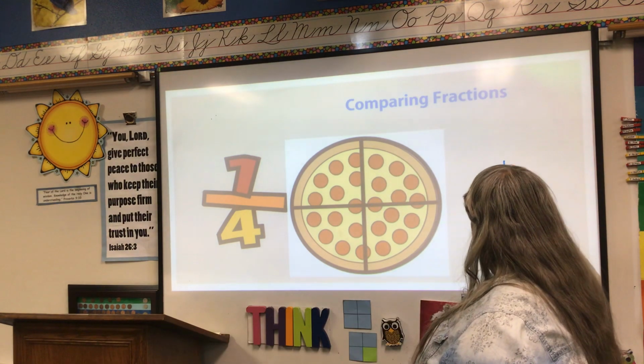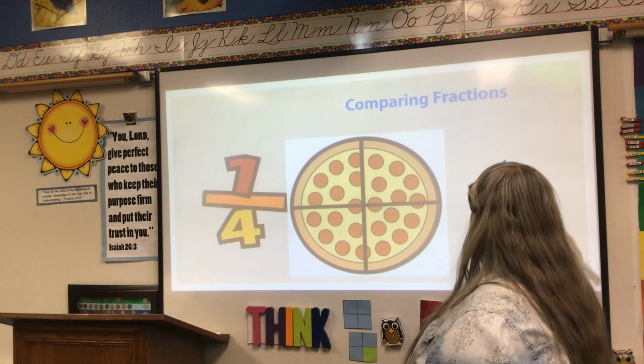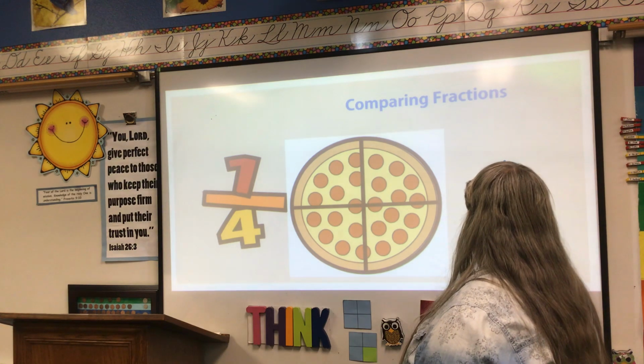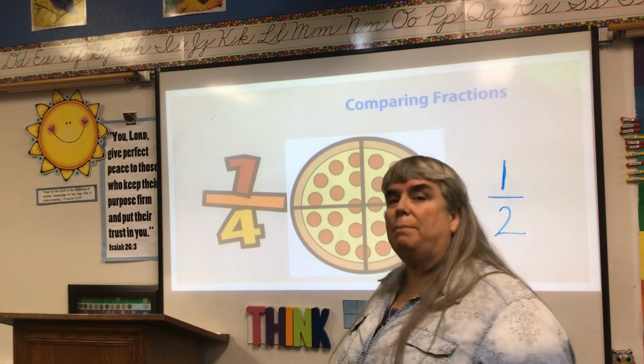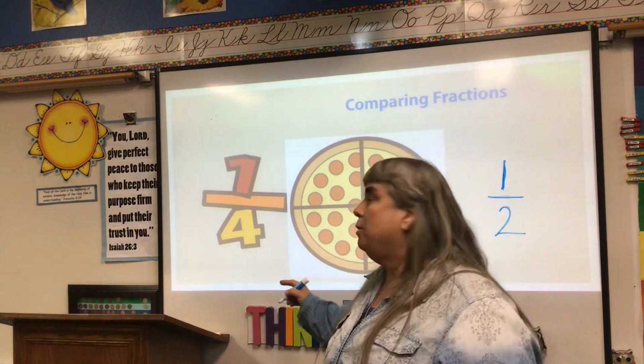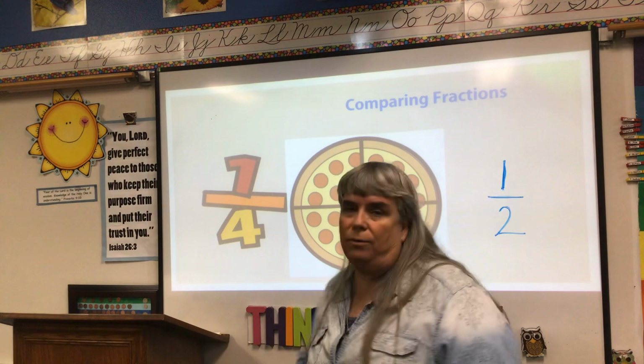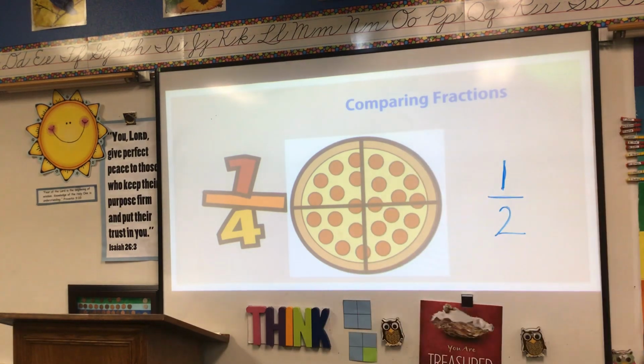Okay, so here's where things get a little bit tricky, and sometimes people struggle a little bit. Because when you're comparing the numbers 1/4 and 1/2, let me get us a blank page.